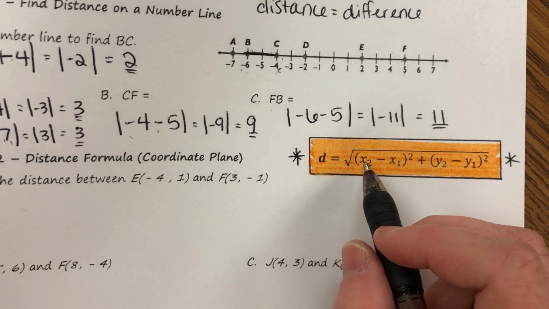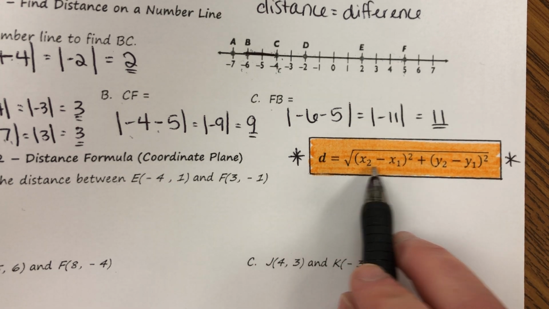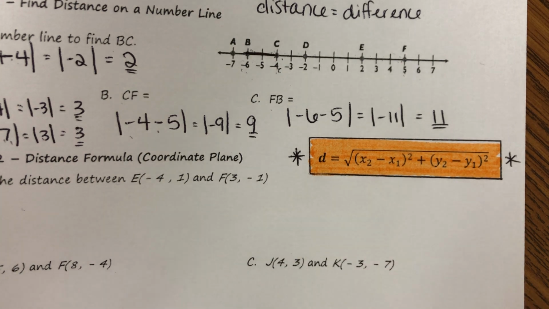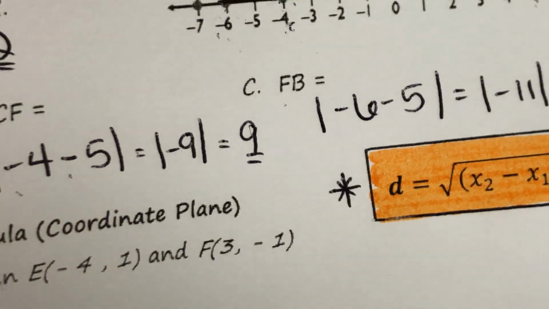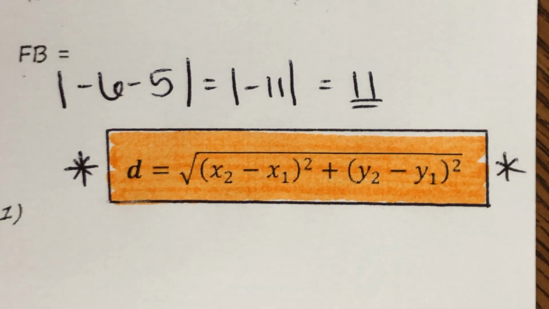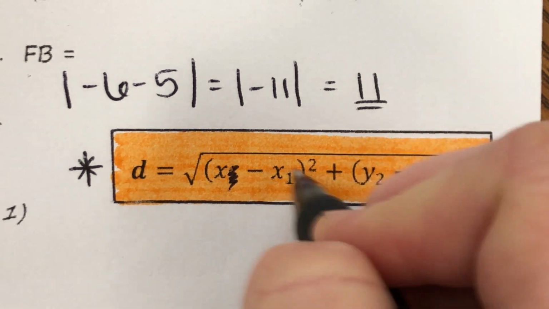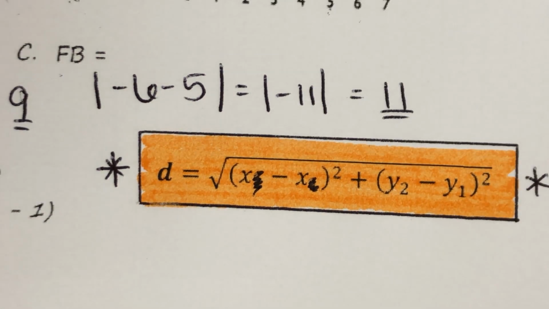Okay, one little trick I'm going to tell you is that these little 2's and 1's here do not matter. Oops, zoom in. The 2's and the 1's do not matter. It does not matter which is the 2 and which is the 1. In fact, I don't even ever write that, okay?